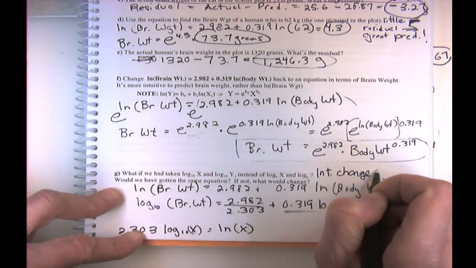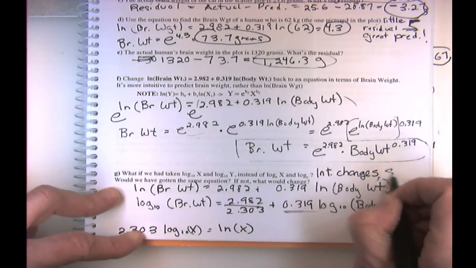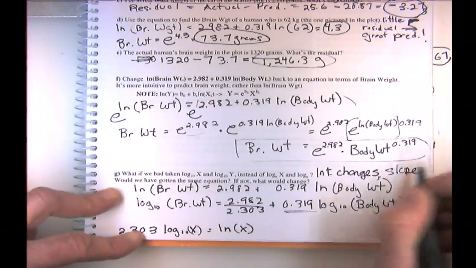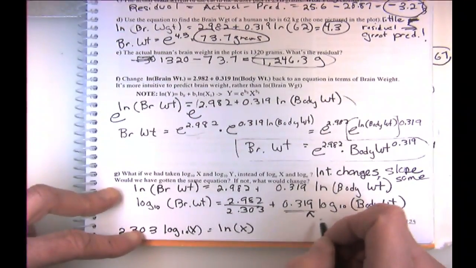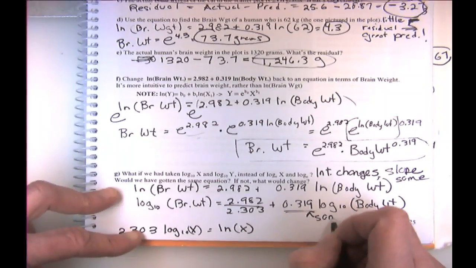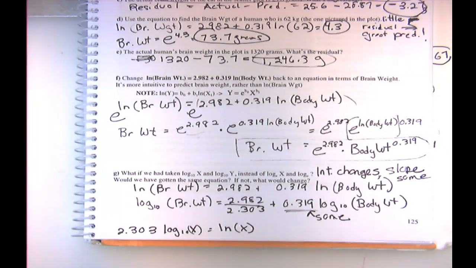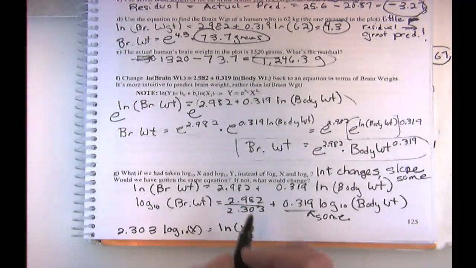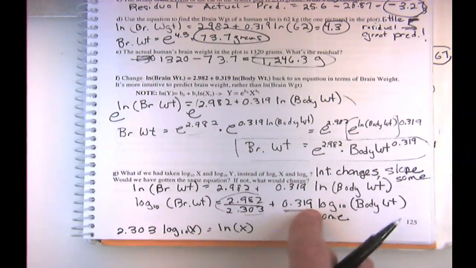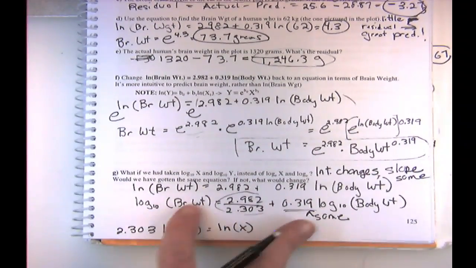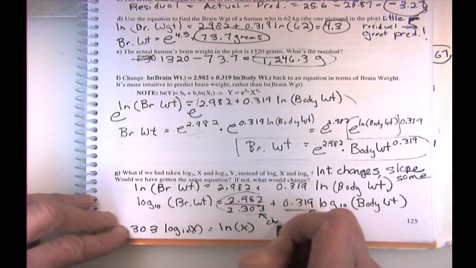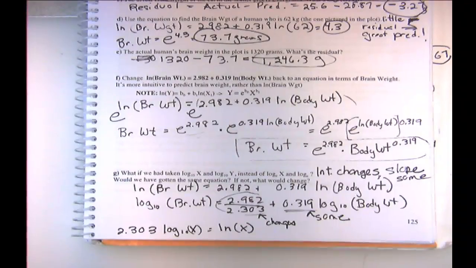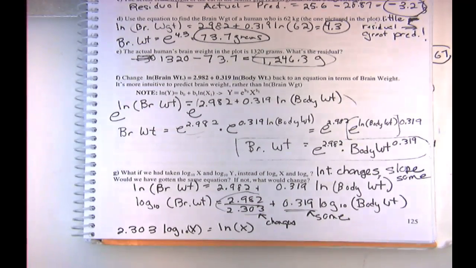The slope stays the same. That's the important thing. That's why it really doesn't matter which base you're using that much, because we don't really care about the intercept that much. The relationship between them stays the same. So that's in general.